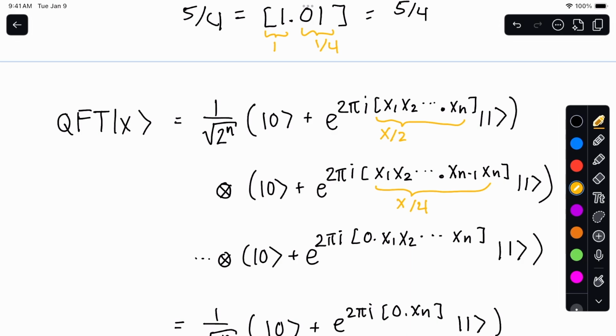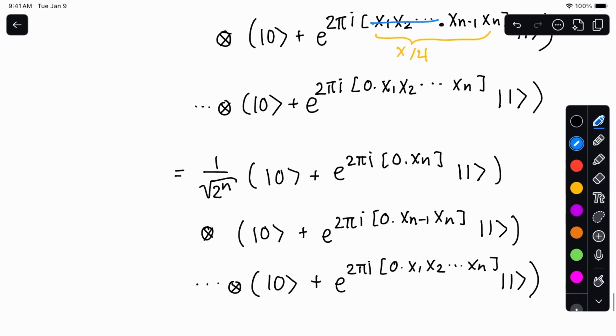And then one thing I want to point out here is that e to the 2 pi i times an integer is always going to be 1. That means you've made some integer number of full circles in the complex plane, and you'll end up back at 1. So we can essentially chop off everything that's before the decimal point.